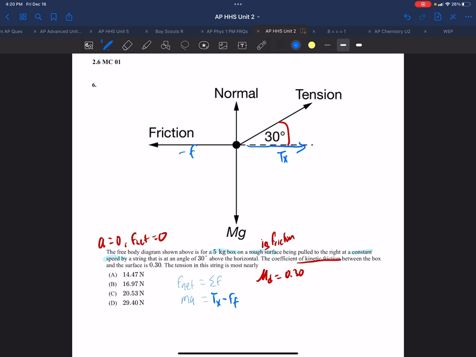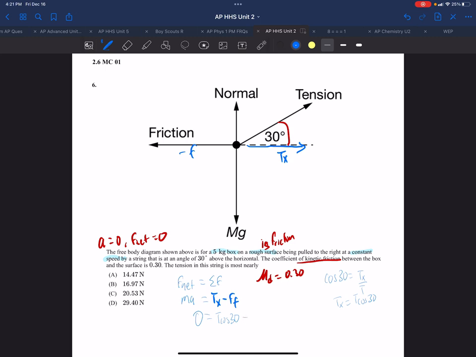Now Tx we're going to need to obtain from trigonometry. So that's going to be cosine. Cosine of 30 is Tx over T. So Tx is T cosine 30. So we have T cosine 30. We know the acceleration is 0, so that is 0.